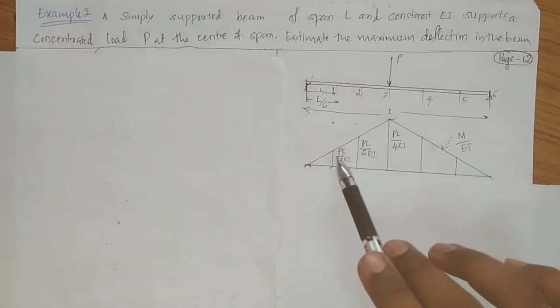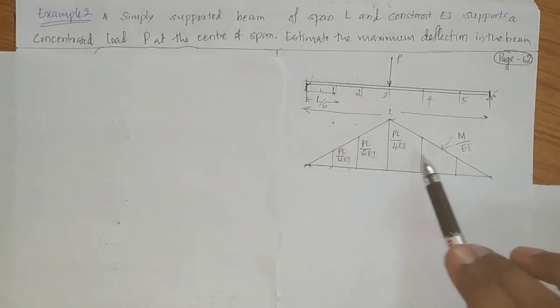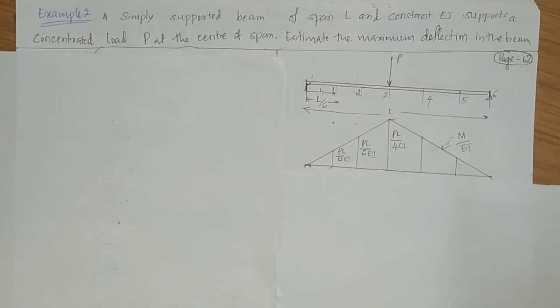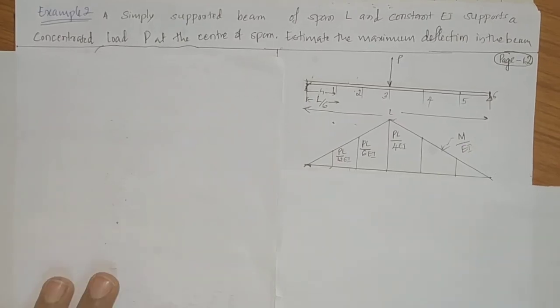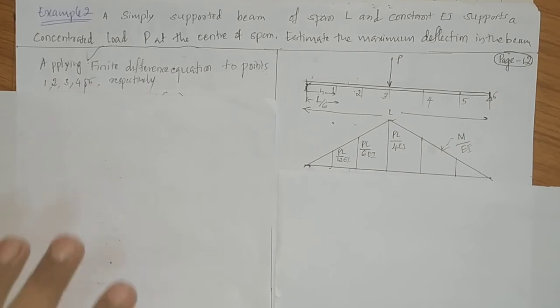By similar triangles you can get this, and by symmetry you can get the other two bending moments. This you can directly get by knowing the formula and applying similar triangles. So the deflection can be obtained by applying the finite difference method.